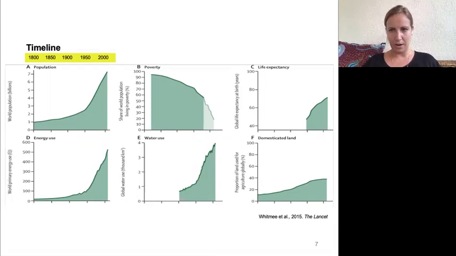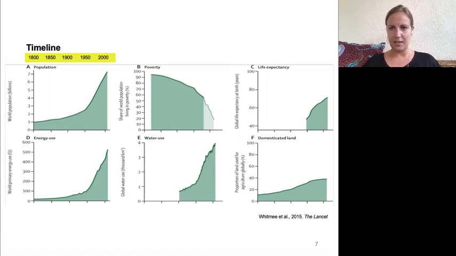Again, you would have read about some of these in the Lancet paper, which goes into more detail about the individual components. The population today is the highest it's been, approaching almost 8 billion now. But poverty is also the lowest it's ever been, and life expectancy is the highest.